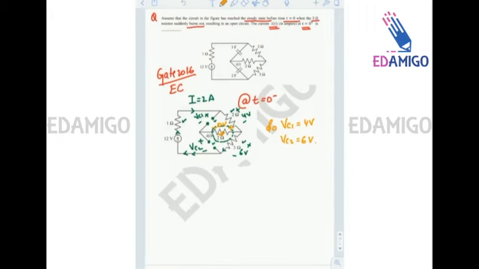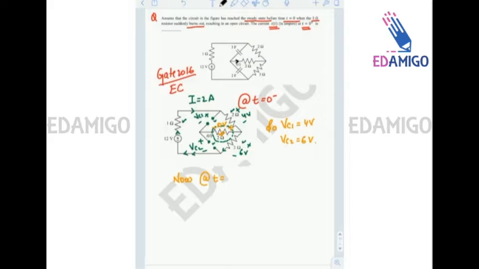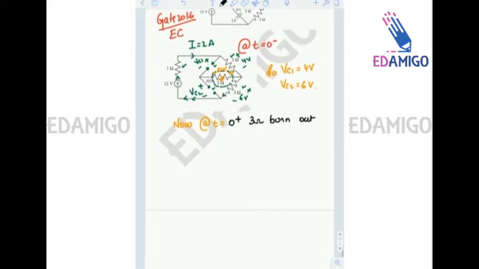One more thing, there is a correction here: the current direction IT is from left to right. Now at t equals 0 plus, the 3 ohm resistance burns out, that is, it is open circuited.